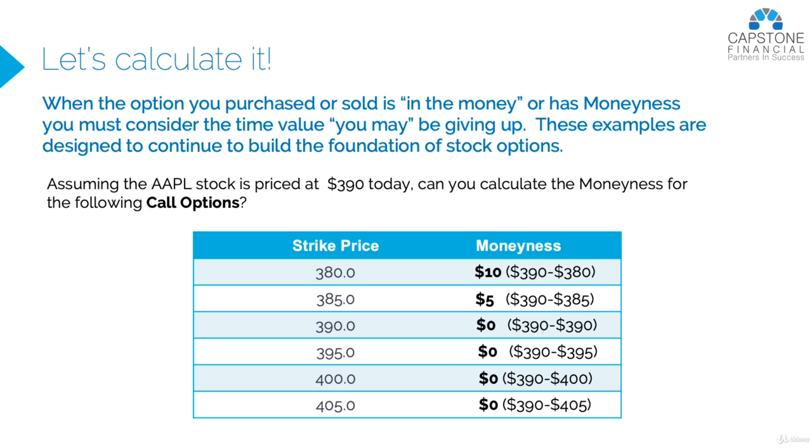Now, if you'll notice, once we get above the market price of Apple, in the money now becomes zero because the strike price we selected is now out of the money. Those are the two choices that you can have when you are looking at options.